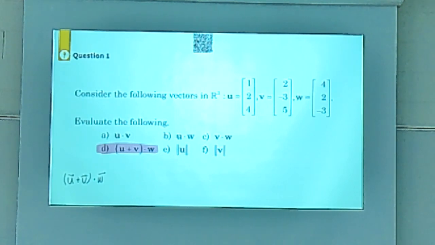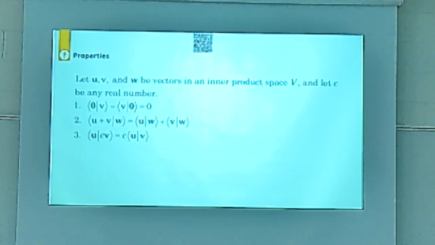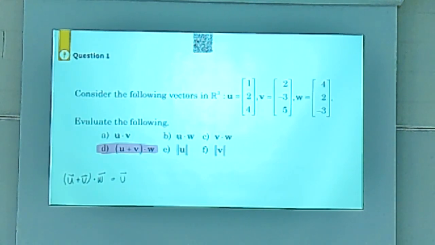U plus V dotted with W. By our second property, U dot W plus V dot W. What did you say U dot W was?